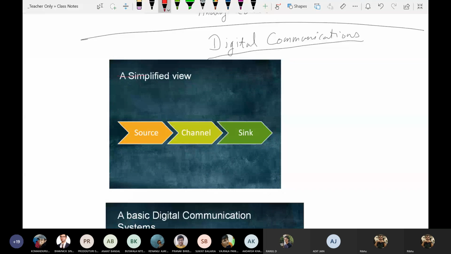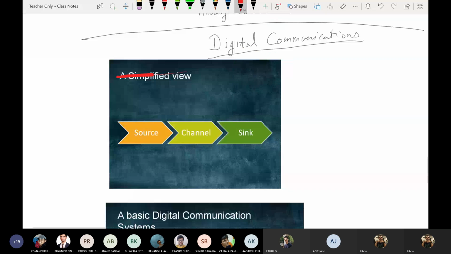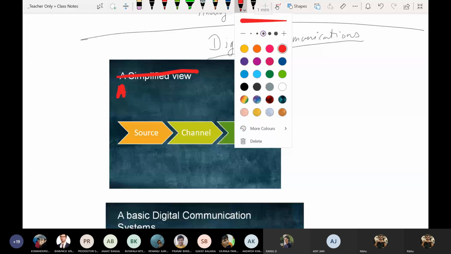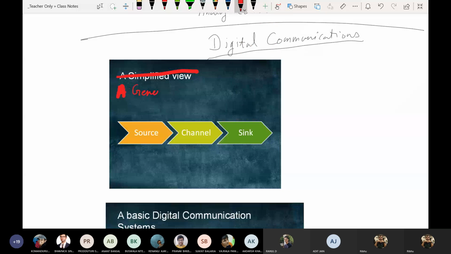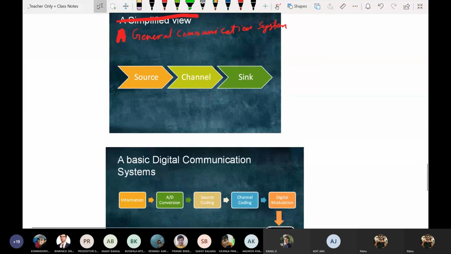I'll use red. So, use a thicker red, not this thick. This is a general communication system, and this we have covered. We have talked about sources. We have talked about how to put the information from the source onto the channel, modulation.